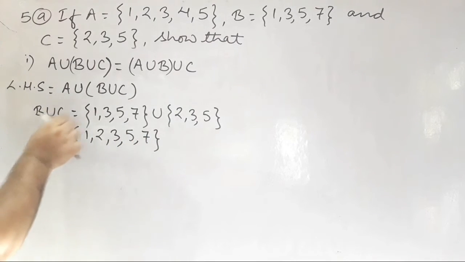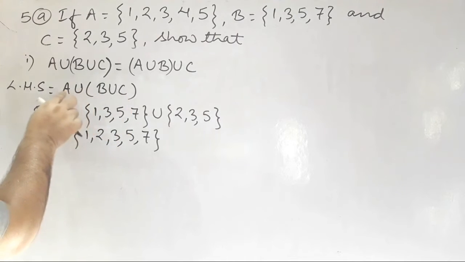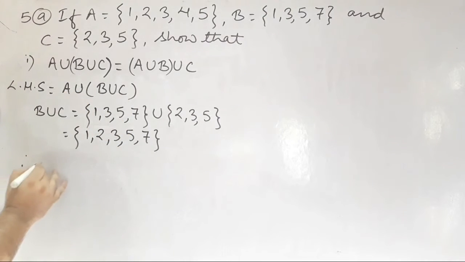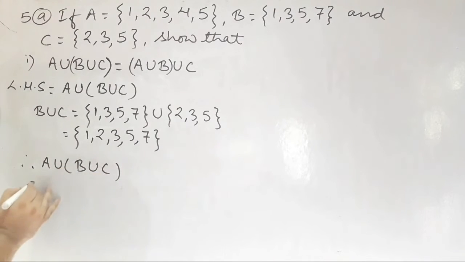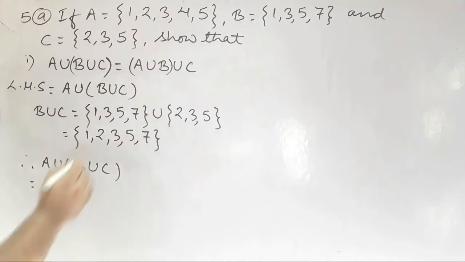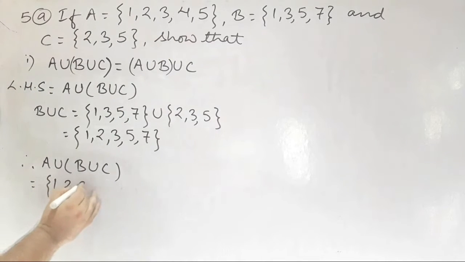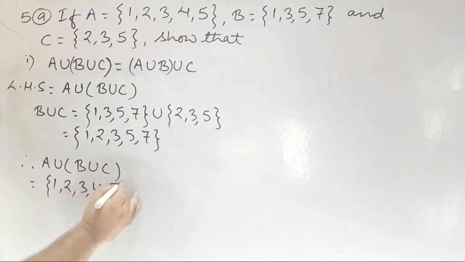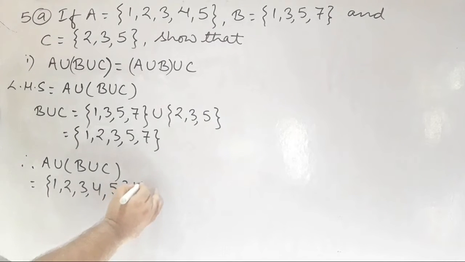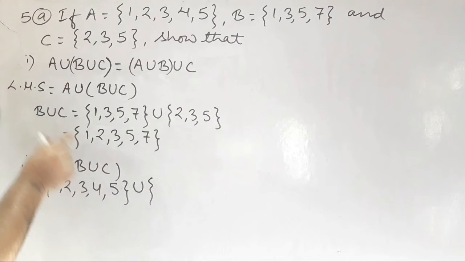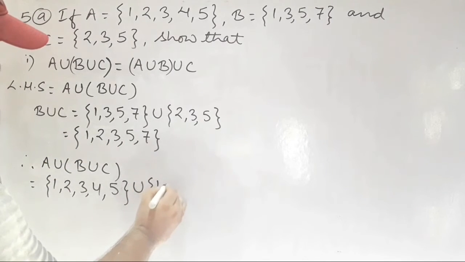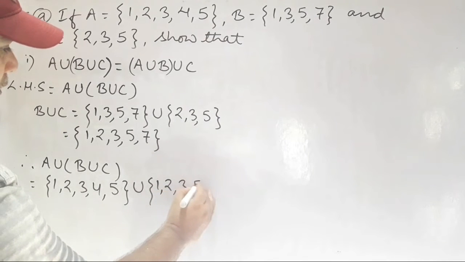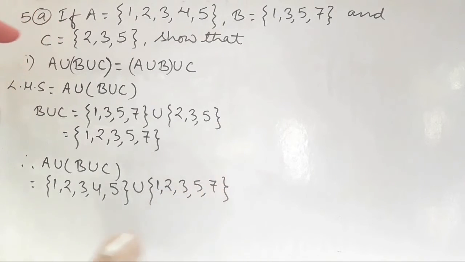After finding B union C, we shall do union with set A. Therefore, A union (B union C) equals, A contains the elements 1, 2, 3, 4, 5, union B union C, which we just found to be 1, 2, 3, 5, 7.